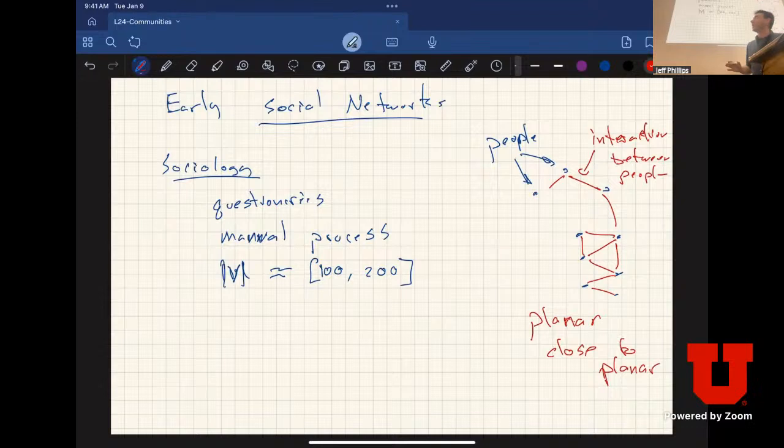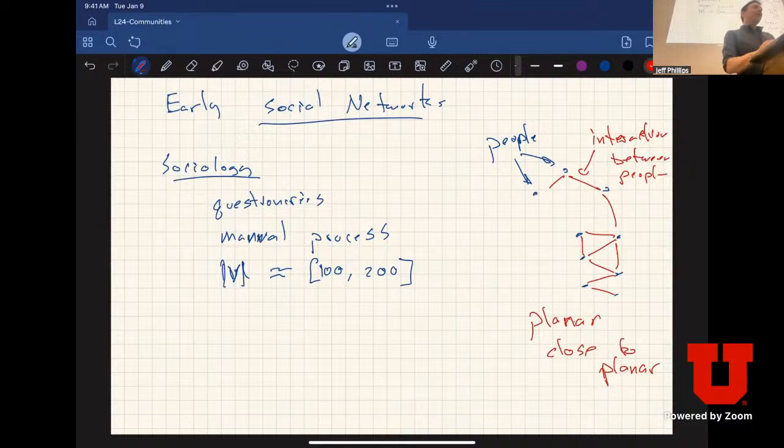So planar means you can draw the graph on the plane, or technically on a sphere, but no edges would cross when you did that. Okay, so you could draw them and kind of visualize all of these connections here. Okay, and maybe there might be a few crossing edges, but if you're careful with drawing it, you could really see everything by just drawing the picture.